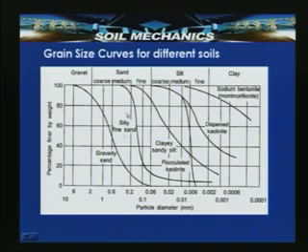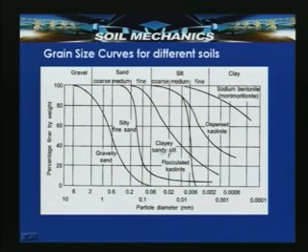This particular grain size distribution curve is shown for silty fine sand. You can see there are fine sand particles, and the composition also has some silt particles in it. This curve represents the silty fine sand, and this curve represents clayey sandy silt, because silt is predominant over the clayey and sandy fractions.